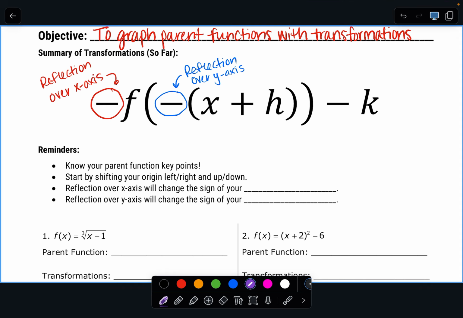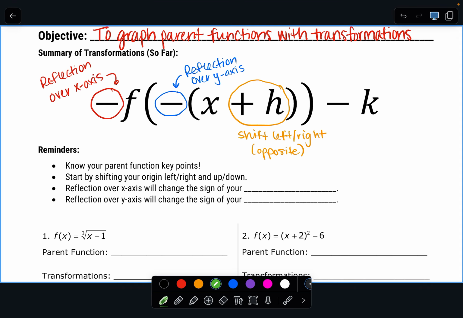Okay, and then we have our plus h, which is going to be our shift left, right. And again, I like to make a note. You're going to do the opposite of what this looks like. So if it's a plus, you're actually moving left. If it's a minus, you're actually moving right.